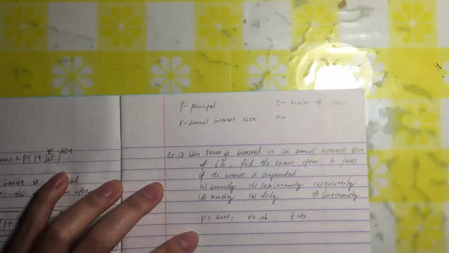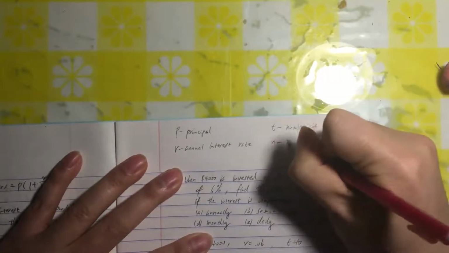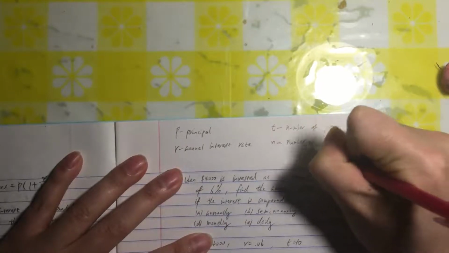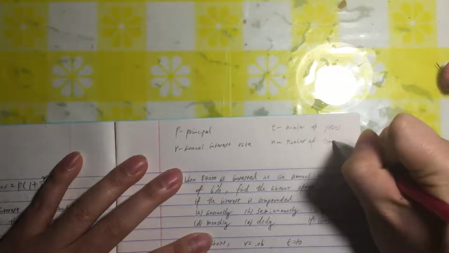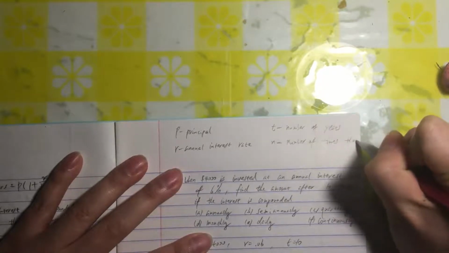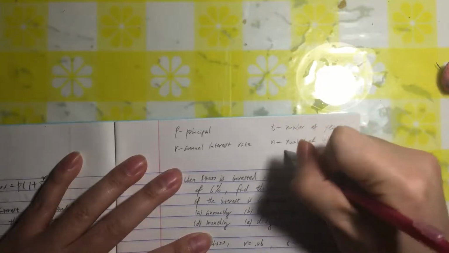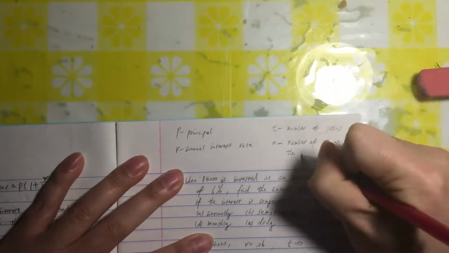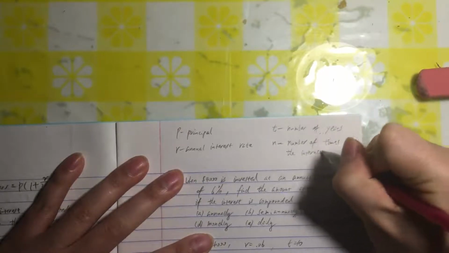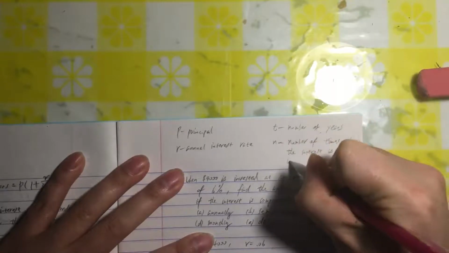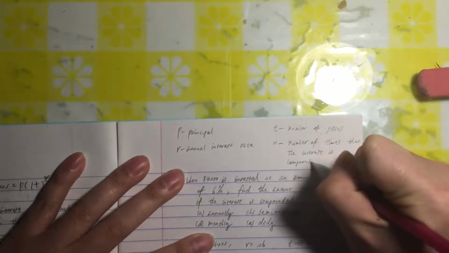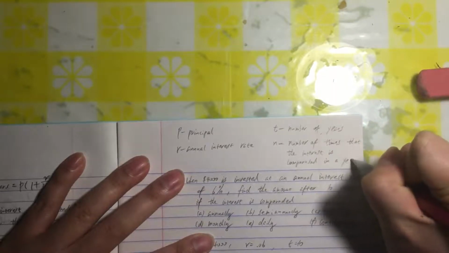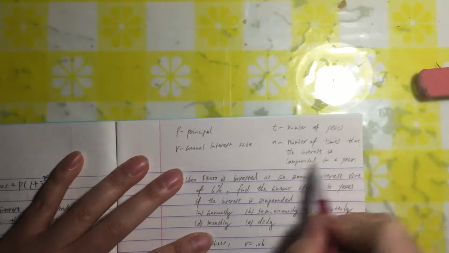And n represents the number of times that the interest is compounded in a year.